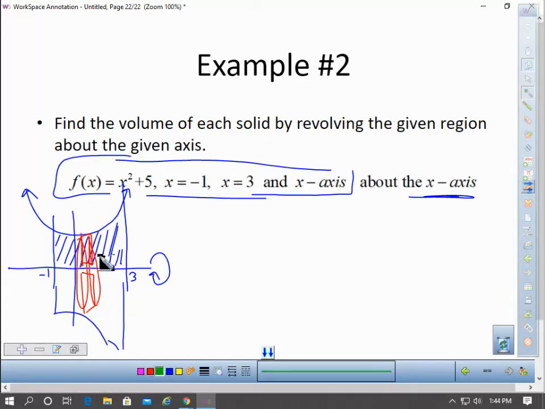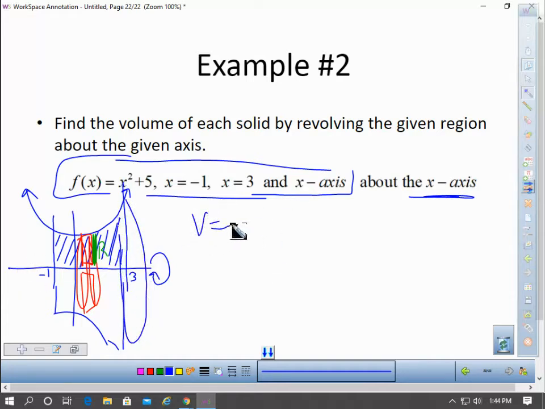I know I'm a terrible artist. All right. And my radius is this here for each of my little discs that's rotating, my slices of this shape that I have here. The radius is the part that's in the shaded region. That's my radius. All right, so how do we find the volume of this object that's going to be this big circular, looks like an anvil or something like that?